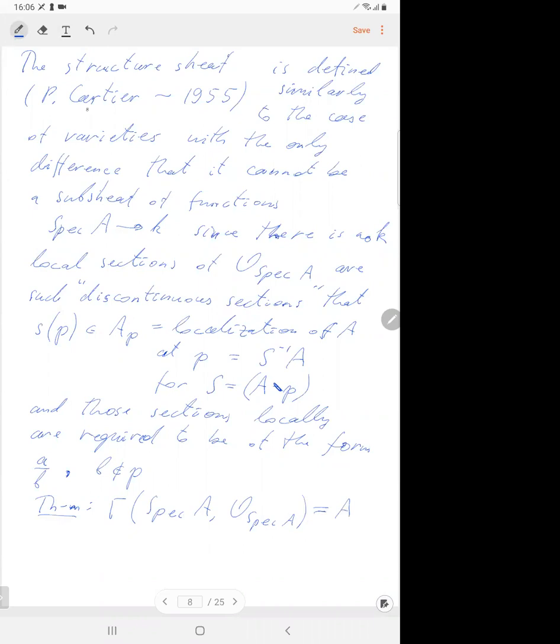We gave a proof in case of varieties. I mean, in case of rings without nilpotents and their maximal spectra, and the proof is the same here.